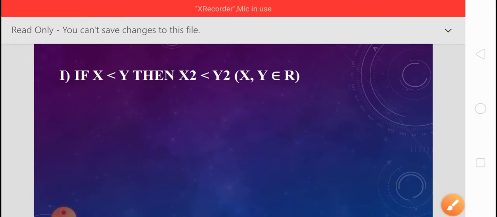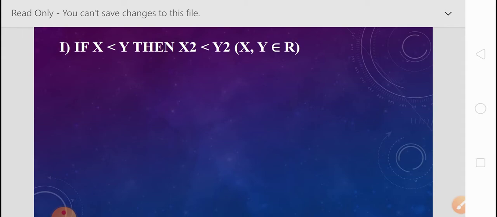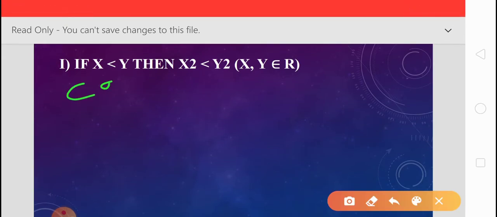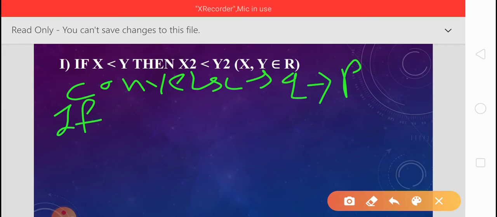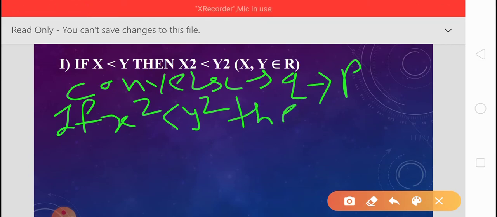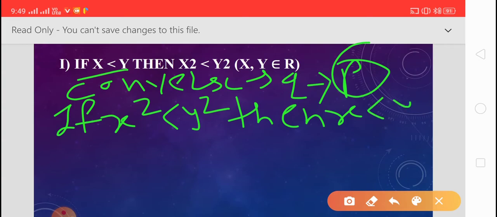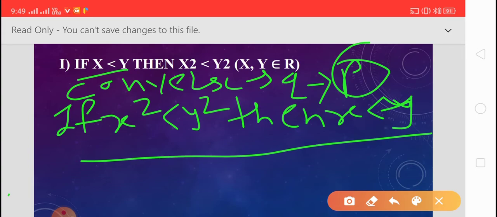The converse is q implies p. So firstly write the symbolic form q implies p. In verbal form: if x square less than y square, then x less than y. This is the converse of the given statement.